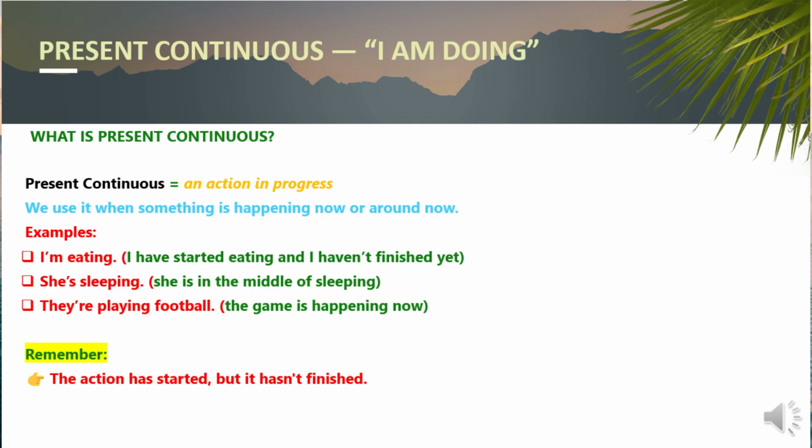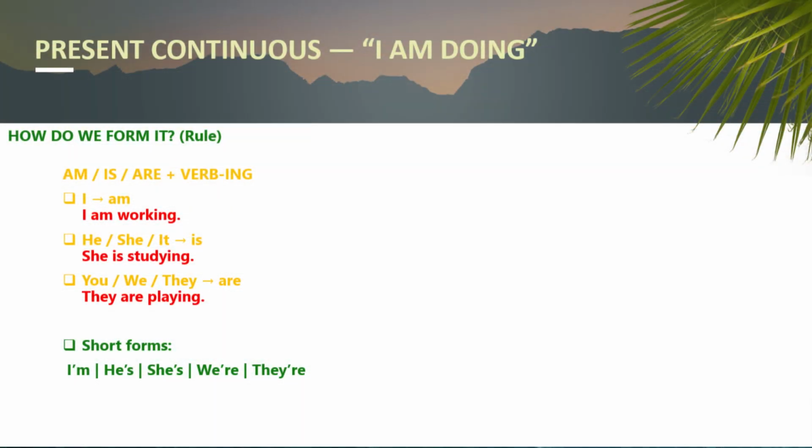If I say, "They're playing football," the game is happening now. So whenever you hear am, is, or are, followed by a verb ending in ing, think about an action that is happening or continuing.